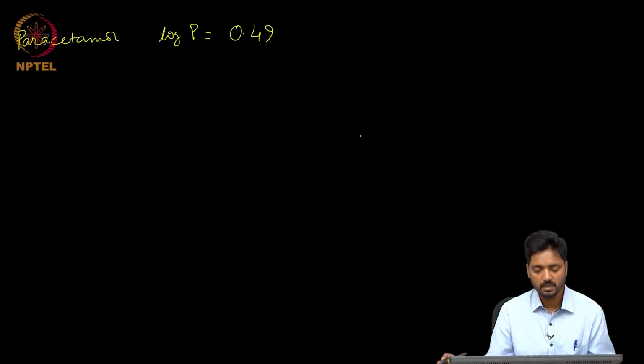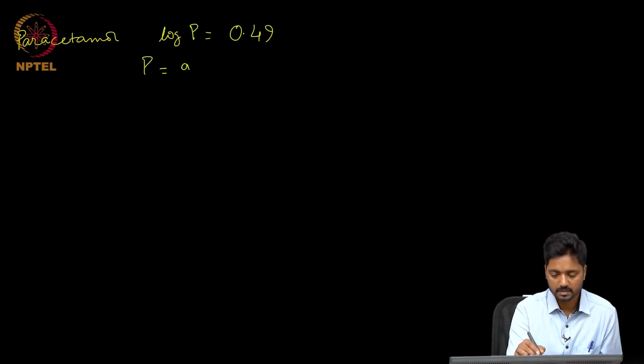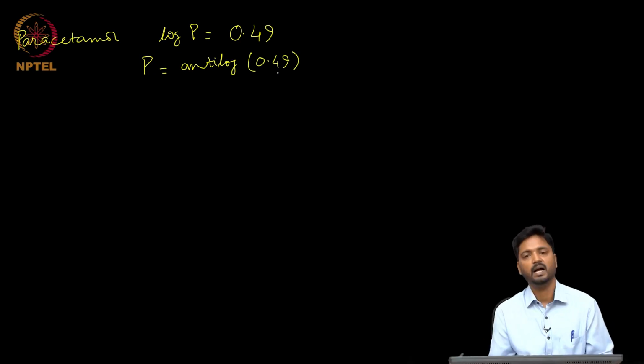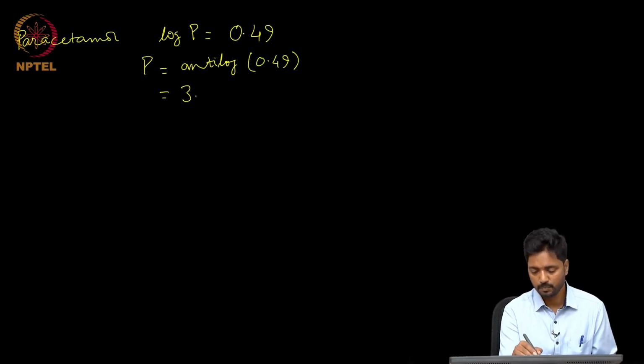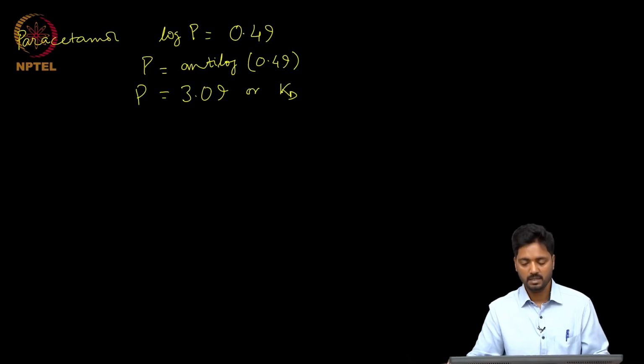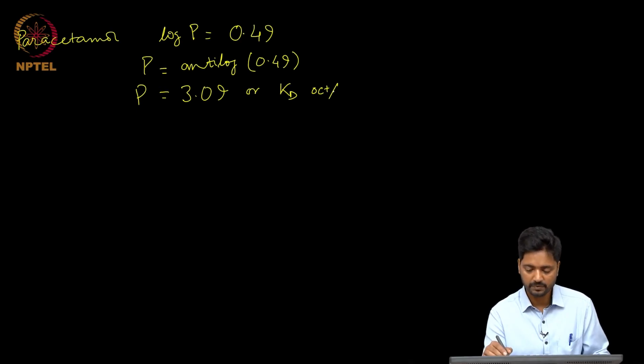So, we are given the log P value as 0.49, and from there we can calculate the P value as the anti-log of 0.49, and this turns out to be 3.09, or in our parlance this will be the K_d value as per the discussion that we are having, K_d specifically for the partitioning between octanol and water.